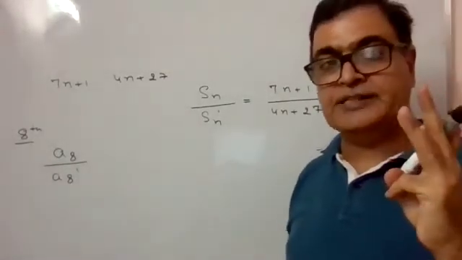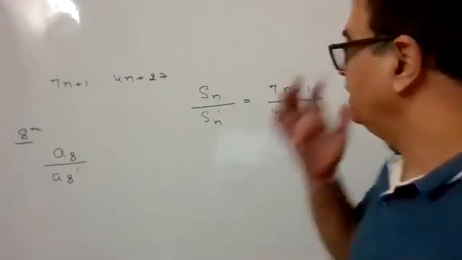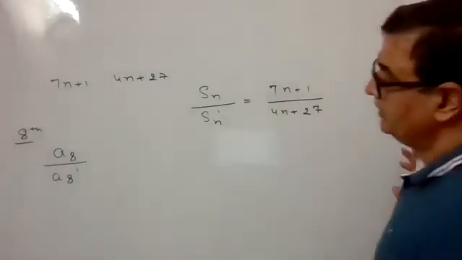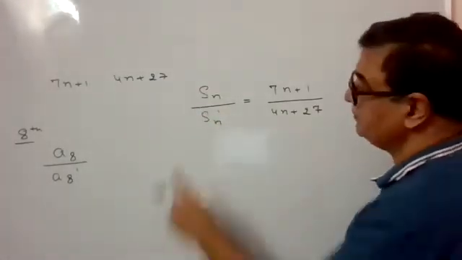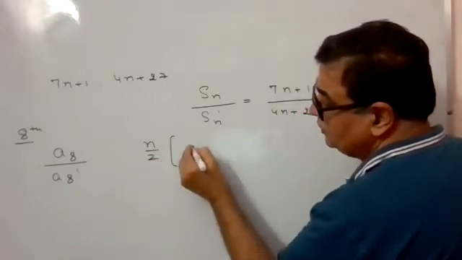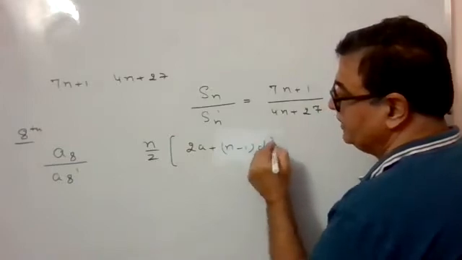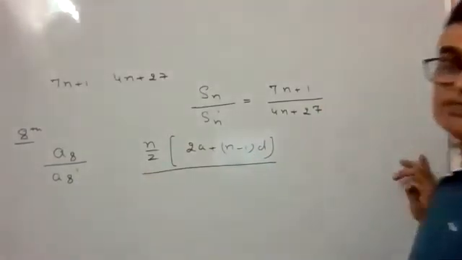As we have two APs, their common difference will be different and first term will be different. But the number of terms in both the APs are the same. So what should I write here? I should write this as n by 2 (2a plus (n minus 1) into d). Yes, it is given in the question. Number of terms are n in both.